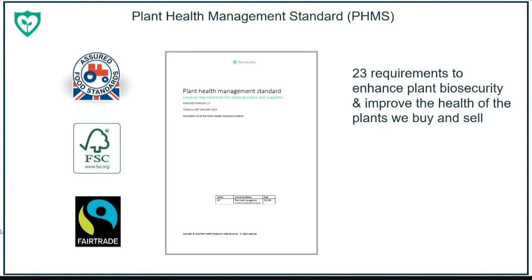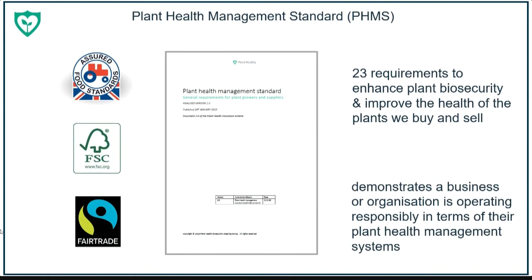It sets out a list of 23 requirements to enhance plant biosecurity and improve the health of plants that we buy, sell, and grow. It aims to enable businesses and organizations to demonstrate that they are operating responsibly and in a biosecure manner in terms of their plant health management systems.